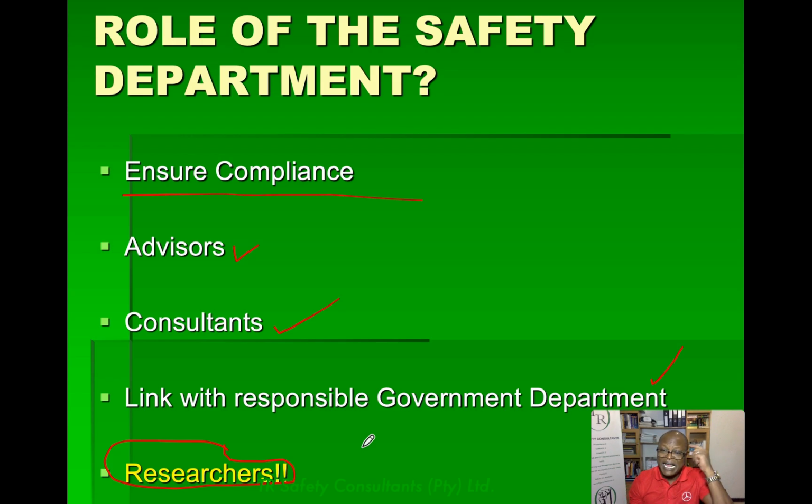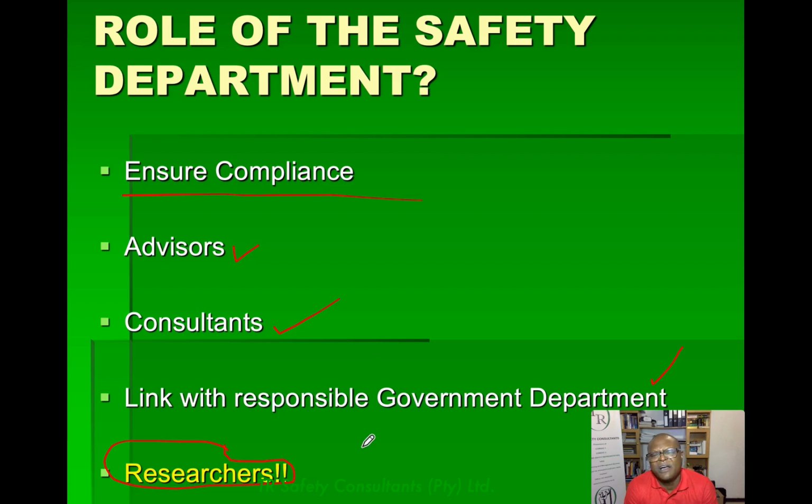Must have an analytical and probing mind. A person who must be able to handle information so that you can analyze it by identifying the patterns, the themes, as well as the trends in the information. So that's what we expect safety practitioners to be in the department.